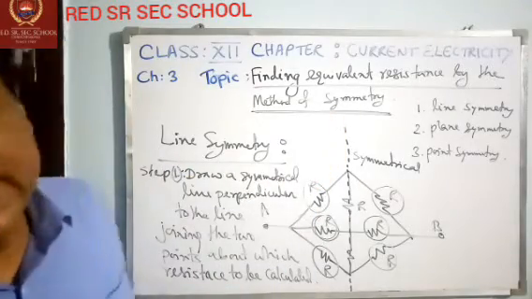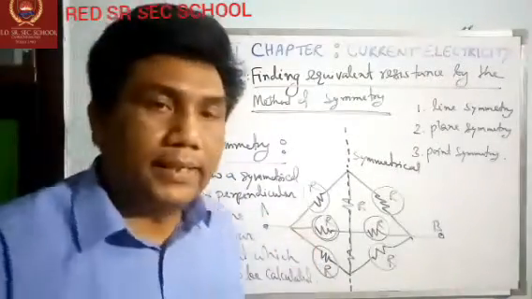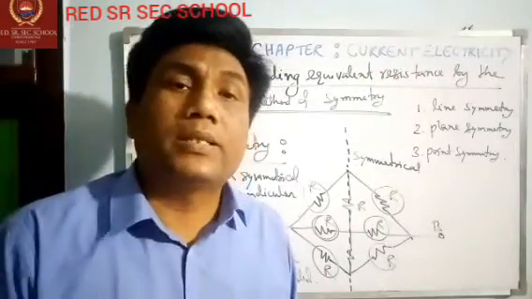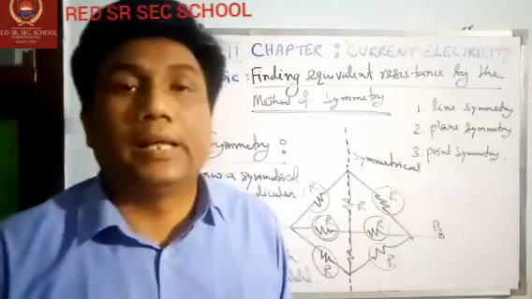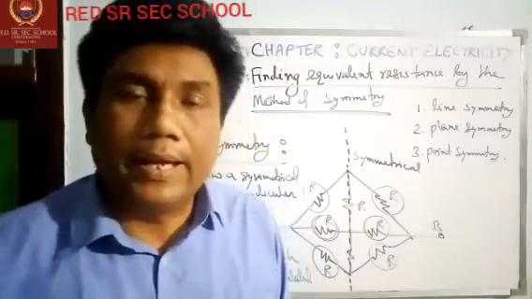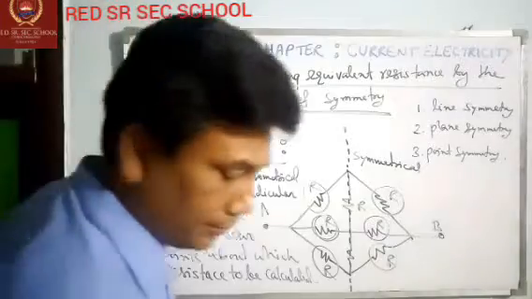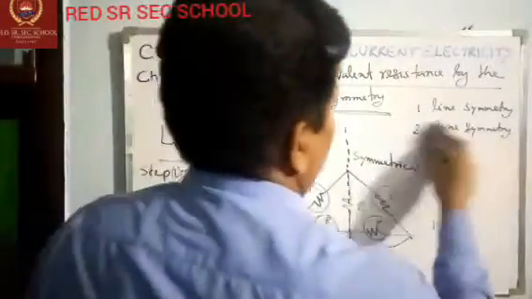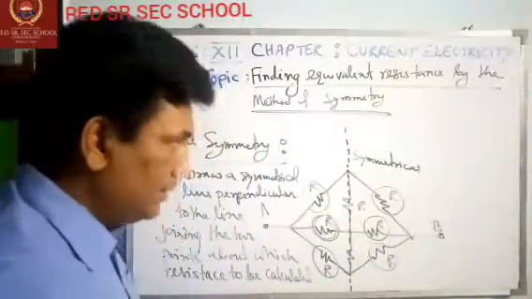Then what is the second step? The theory says every point on the symmetrical line will be at the same potential.